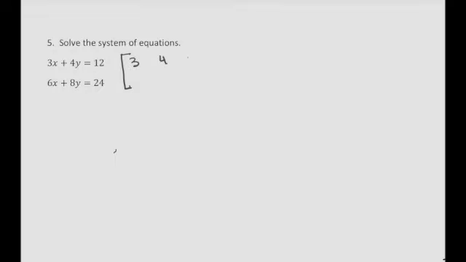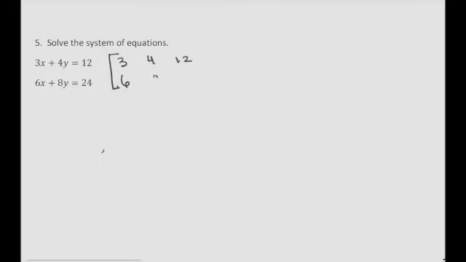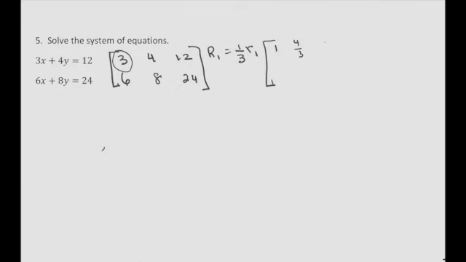3, 4, 12, 6, 8, 24. I need a 1. I can't add them together to get a 1, so I can't multiply by something to get a 1 either. So I'm going to say my new row 1 is 1/3 of current or previous row 1. 1, 4/3-ish, 4, 6, 8, 24.